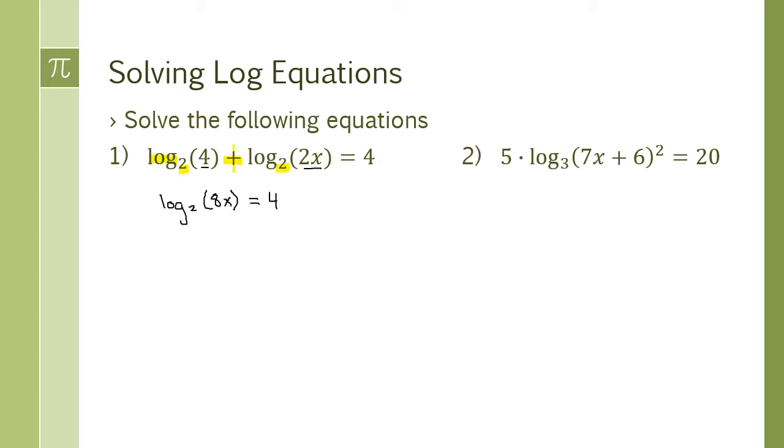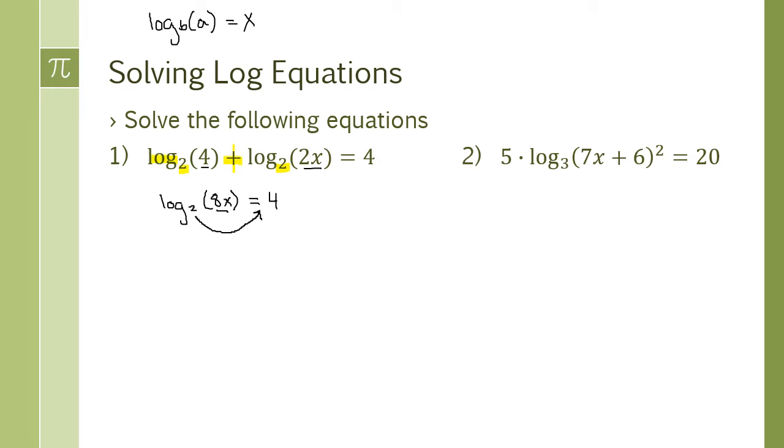And now I should be matching my standard logarithmic form. Log base b of a is equal to x. And indeed I do. My argument is 8x, base 2, exponent 4. So once we've got it all in standard form, we can change it over to exponential form. That's using the inverse function.